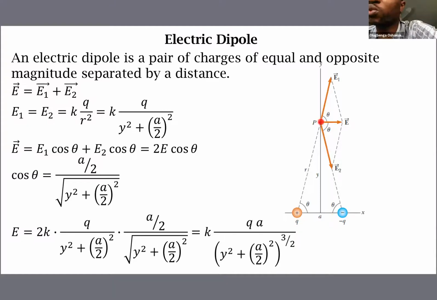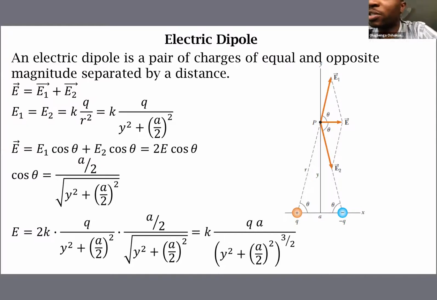The distance between point P and charge Q is r. The distance between point P and charge minus Q is also r. We can now bring in Pythagoras theorem to have a right angle triangle and to resolve a lot of things about the dimensions.